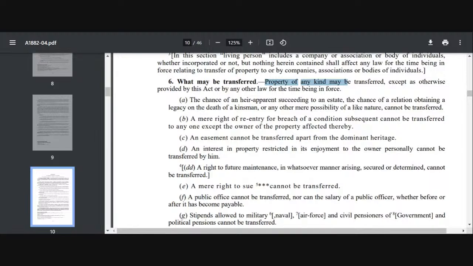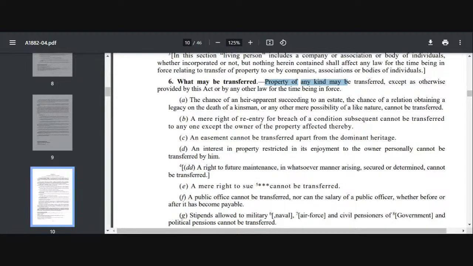अगर आप सेक्शन 6 पढ़ो तो वहां पे आप देखोगे द चांस ऑफ एन एयर अपैरेंट. एयर अपैरेंट मीन्स द चांस ऑफ एन अपैरेंट एयर या अ पर्सन हू इज लाइक स्पेस सक्सेसनिस्ट. तो क्लॉज ए बात करता है स्पेस सक्सेसनिस्ट की या एयर अपैरेंट की. स्पेस सक्सेसनिस्ट मीन्स एक्सपेक्टेशन ऑफ सक्सेशन. So if you are expecting that you will succeed, you have a chance of succession, you cannot transfer that.